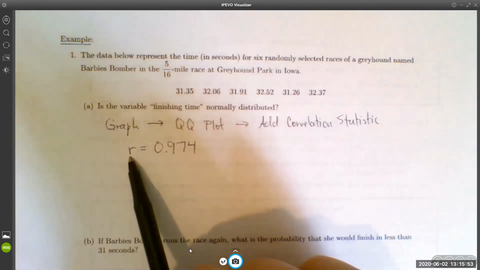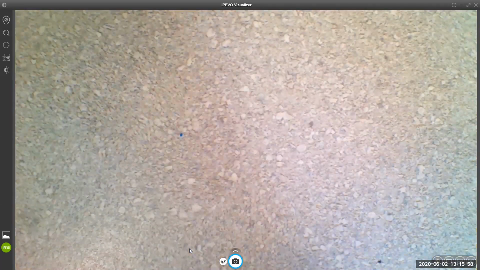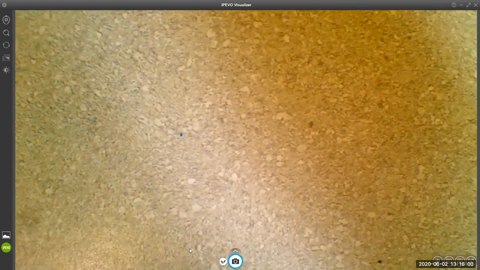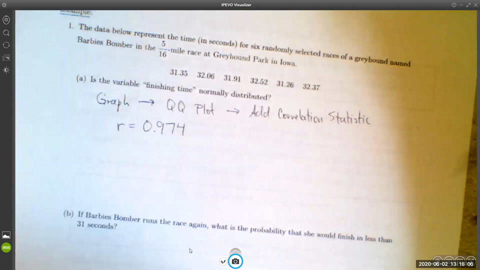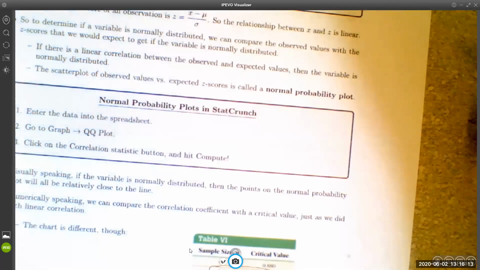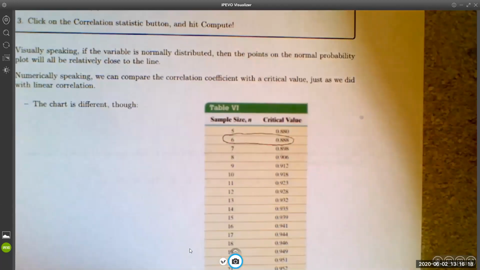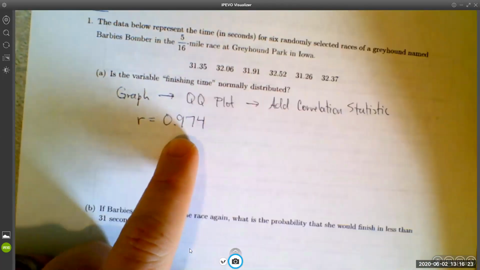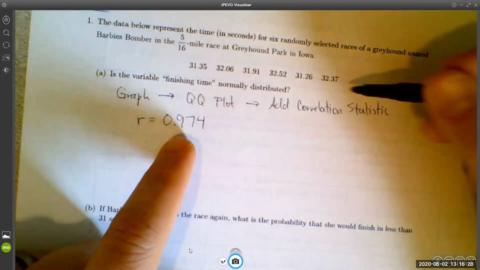Once again, our correlation statistic here has to be better than the critical value on the chart. The critical value depends on the sample size. We have 1, 2, 3, 4, 5, 6, a sample size of 6. So for n equals 6, the critical value that we have to beat is 0.888. 0.974 is bigger than 0.888, so that's good evidence to show that the data is normally distributed.